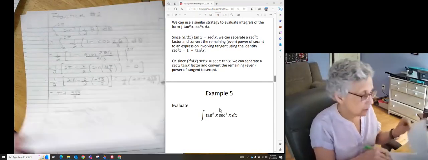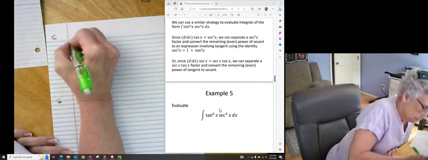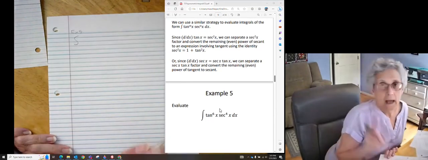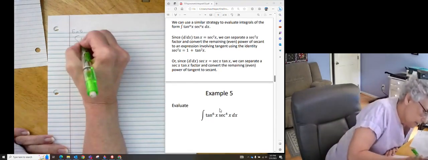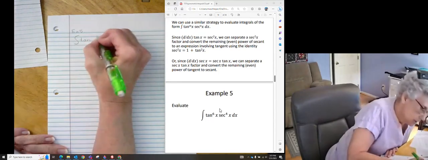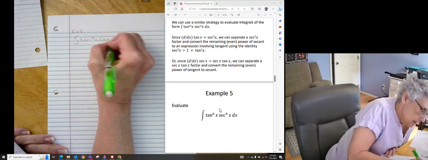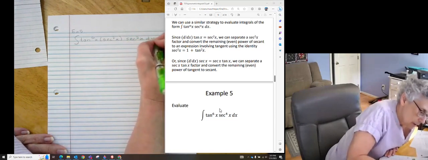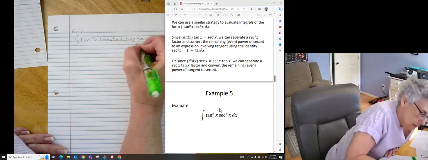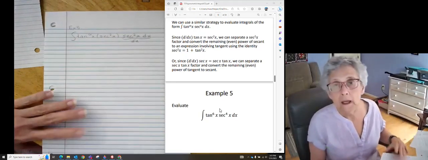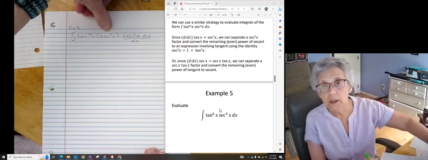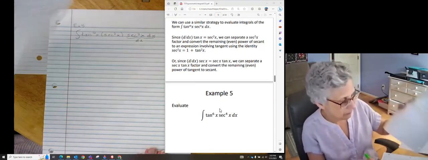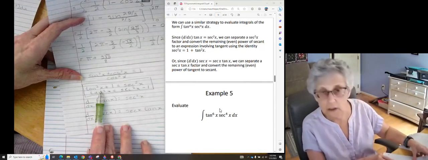Tangent to the 6th, secant to the 4th. And let's see, I said I was going to isolate secant, so let's go ahead and do that. I have tangent to the 6th of x, secant squared times secant squared. This is going to be my du. And now you see I'm left with an even exponent on secant, and that way I can rewrite that as tangent squared plus 1.